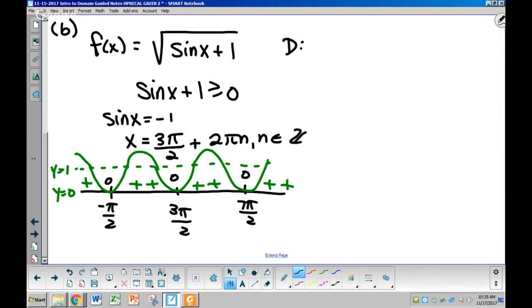So the domain here is negative infinity to infinity. And the range, the midline's 1, the amplitude's 1. The max of this is going to be 2. So the square root of that.